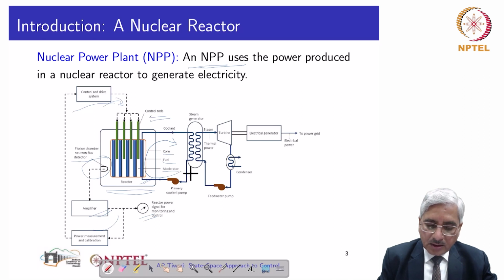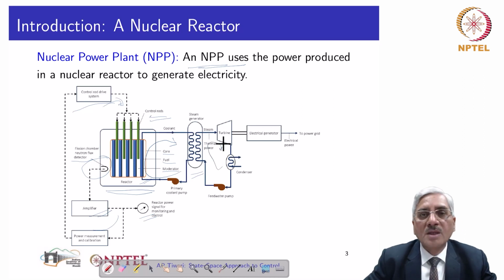It comes out in a steam generator. It passes the heat to the secondary side. There the water gets converted to steam and it drives the turbine. The turbine is coupled to the electrical generator and it produces electricity which is fed to the grid. This is the usual schematic of a nuclear power plant.